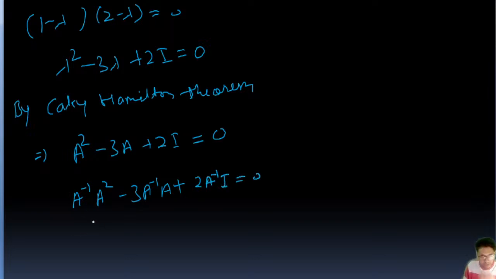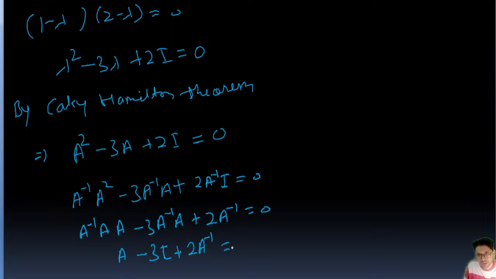So this is going to be A inverse A into A, minus 3 A inverse A, plus 2A inverse equal to 0, because A inverse A equal to I, right?